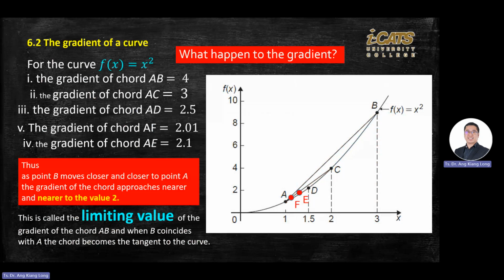What does it mean? It means the smallest value that you can get when you find the gradient. The mathematical term is called the limiting value. It means no matter how far you go finding the gradient on the curve, there's one minimum value that's always there. In this case, 2. That 2 we give a name, which is called the limiting value.